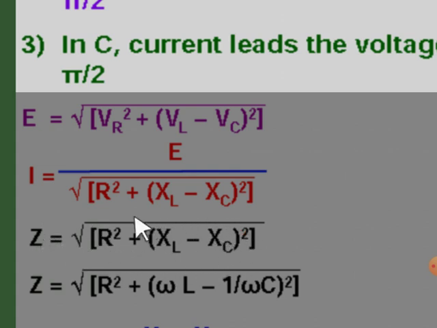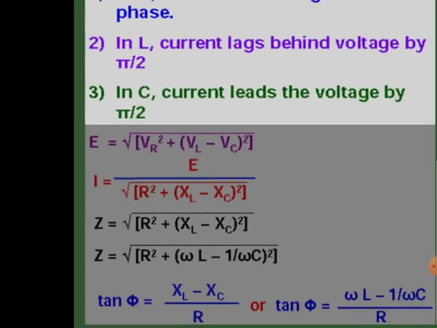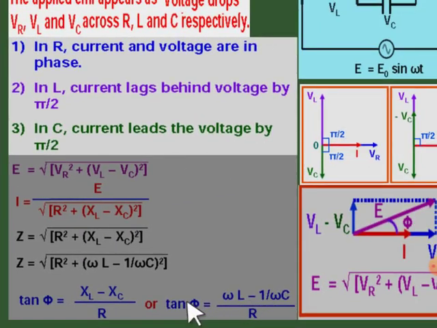It can also be expressed in terms of angular frequency, or angular velocity, you can call it. Omega is equal to twice pi f, and XL will be equal to omega L, where XC, the capacitive reactance, will be equal to 1 by omega C. So impedance can be represented either with R, XL, XC or with R, omega L, omega C. These two equations can be used for finding out your impedance.